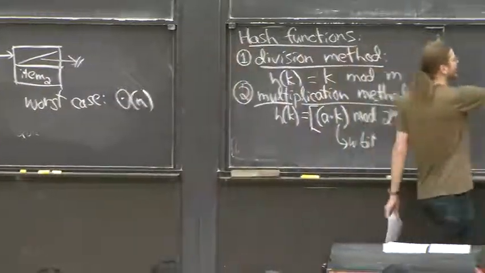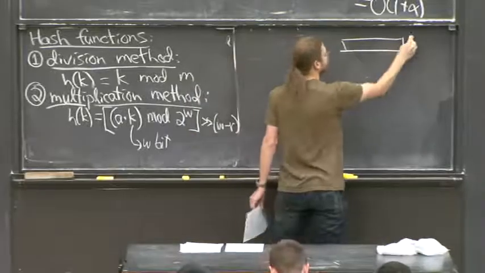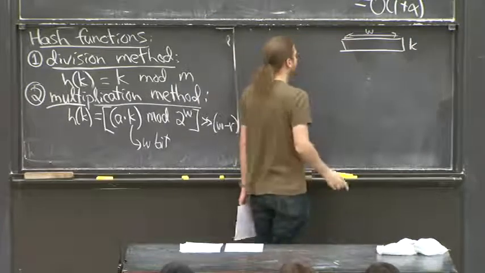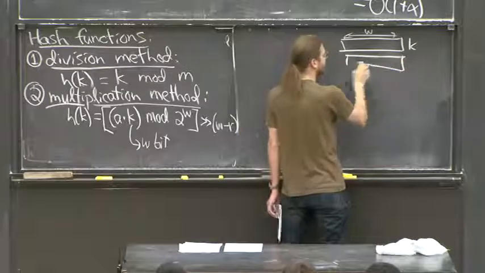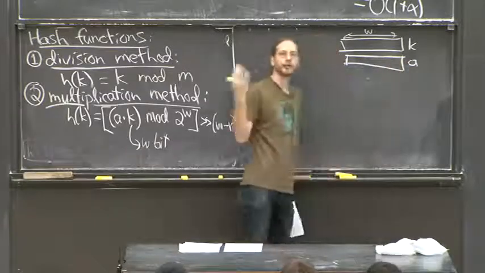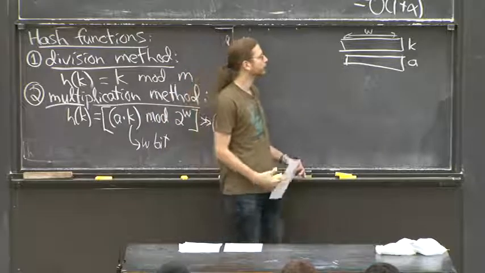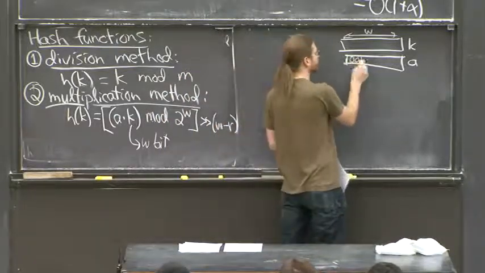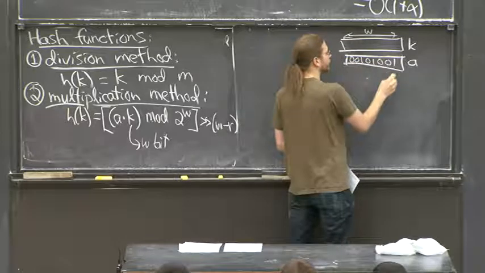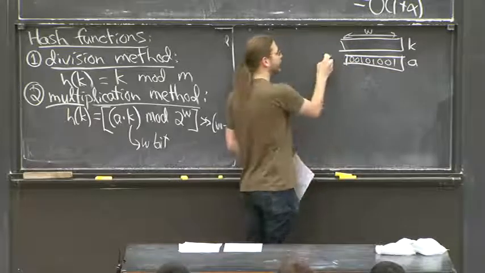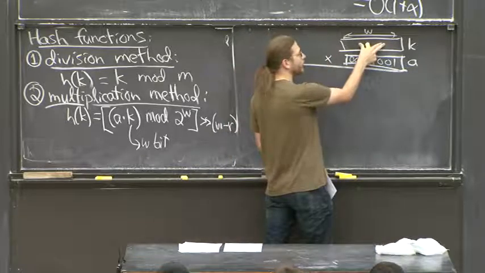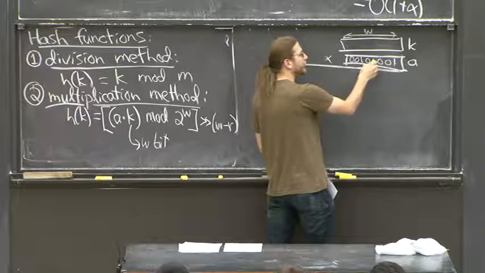So we have our key k. Here it is. It's w bits long. We take some number a. Think of a as being a random integer among all possible w-bit integers. So it's got some zeros, it's got some ones. And I multiply these. What does multiplication mean in binary? Well, I take one of these copies of k for each 1 that's here.